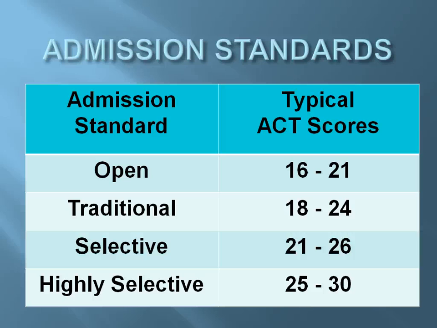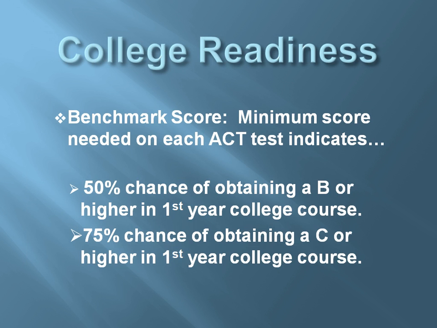The highly selective schools would be more of the Big Ten schools or Ivy League schools such as Harvard, Princeton, or Yale. Again, each school may take into account other factors besides just your score. For more information about admissions, you should visit each school's individual website or look them up in Naviance.